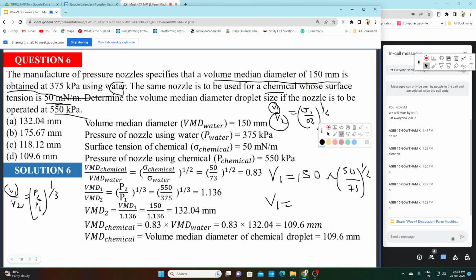This V2 we have to find out. P2 we know, P1 also we know. P2 is 550 kilopascal, P1 is 375 kilopascal, to the power 1 by 3. So we will get the V2, and it is coming as 109.6 millimeter. So option D is your correct answer.